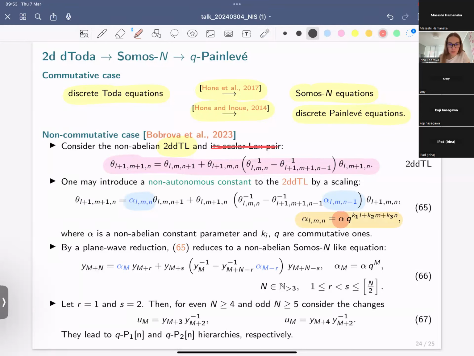Not a good idea to not present the plane wave reduction, but okay. The plane wave reduction is just a linear change of our indices, while we define a new function y sub m.